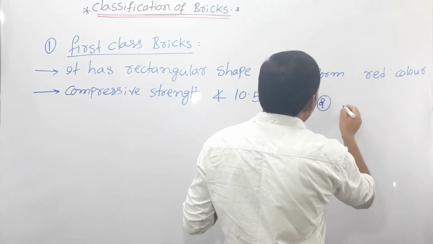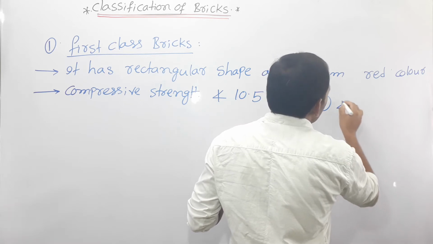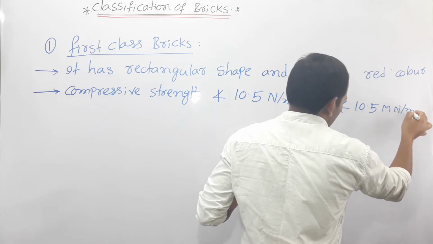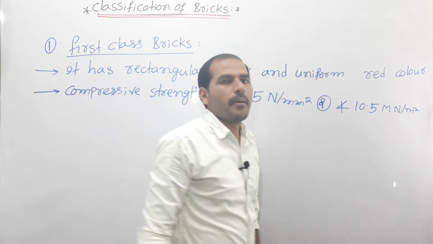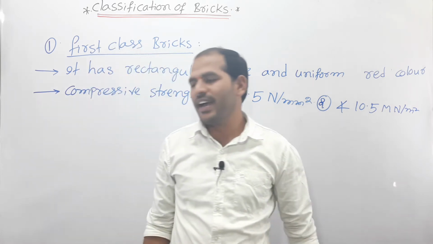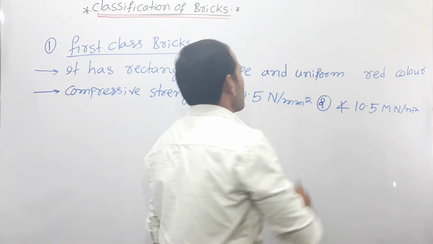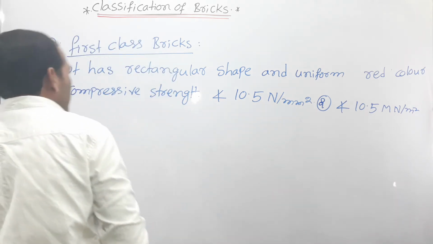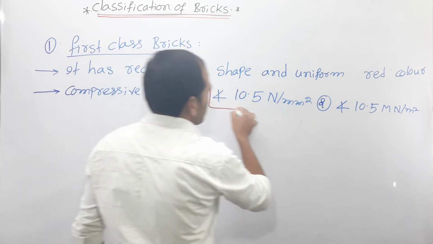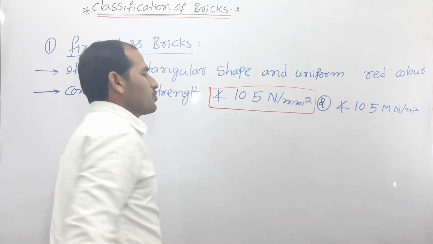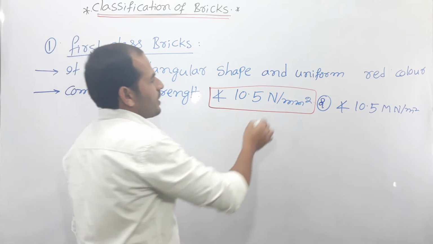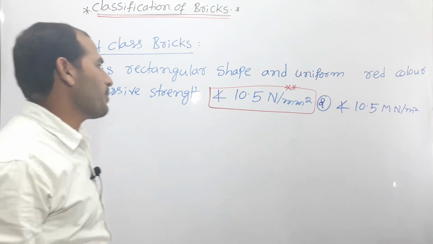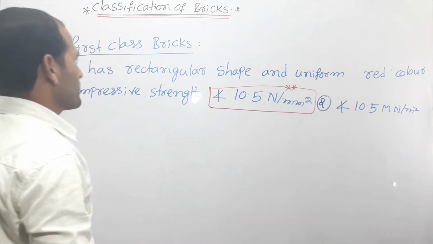It is written as 10.5 mega Newton per meter square. So for the first class brick, the compressive strength should not be less than 10.5 Newton per mm square. This is very important for our competitive examinations.